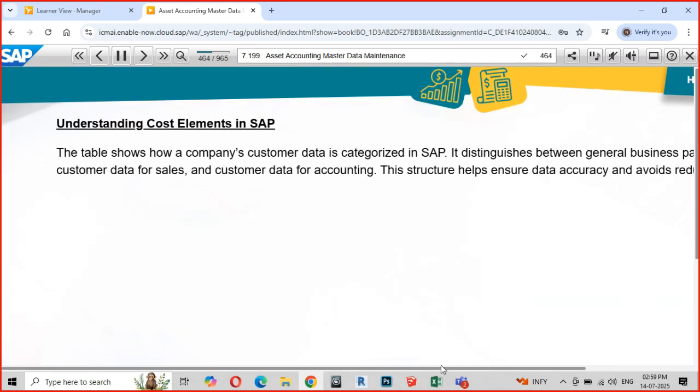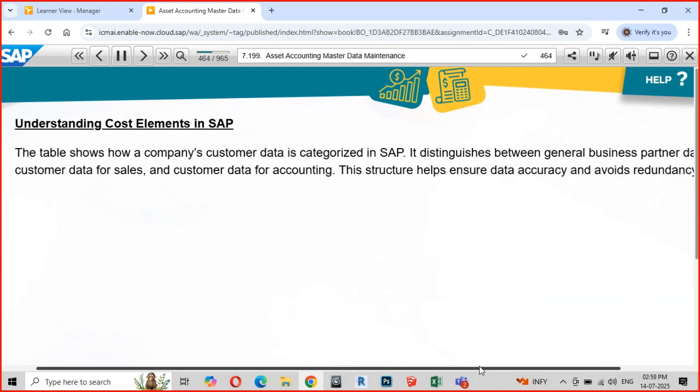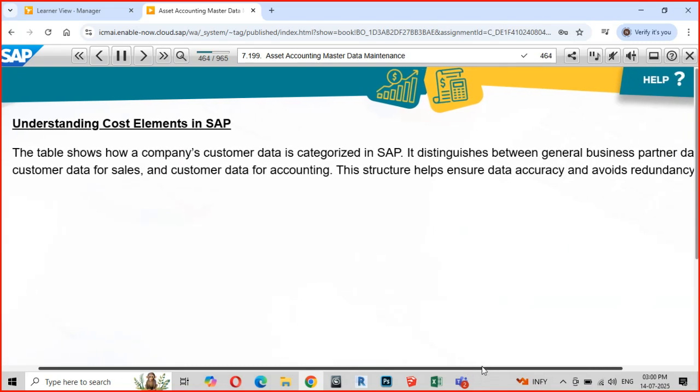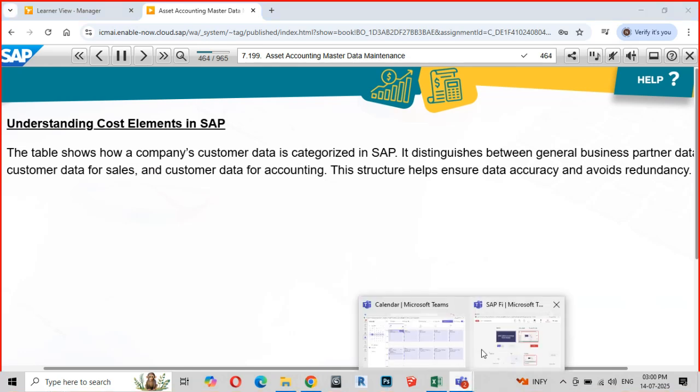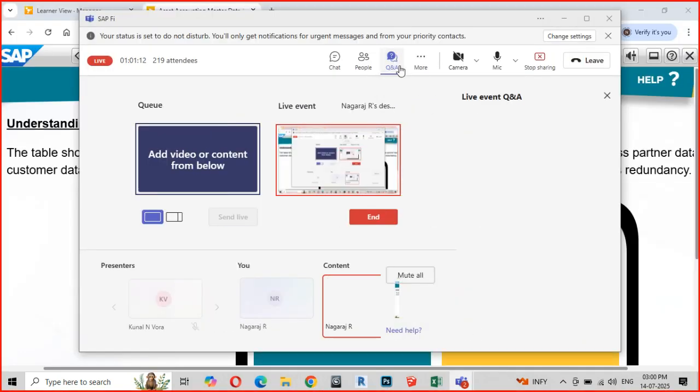Understanding cost elements in SAP. Since this concept of cost elements has already come in, I will tell you what this is. But students, how is the topic building up?